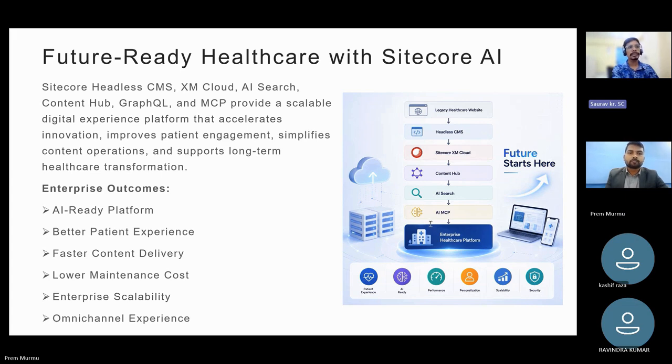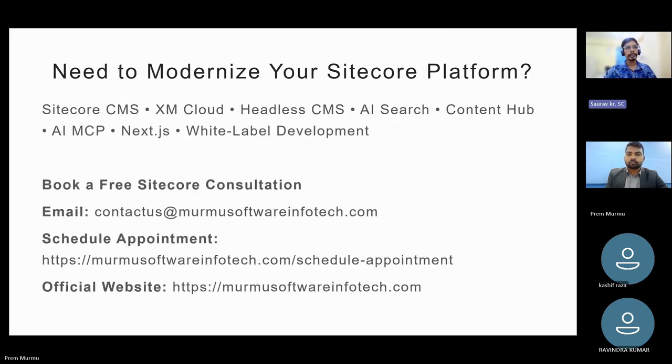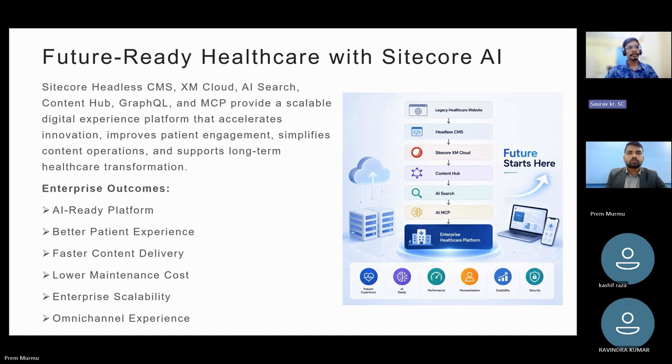Certainly, the biggest benefits include faster websites, better SEO performance, independent front-end development, reusable components, omnichannel content delivery, easier integrations, better scalability, cloud-native architecture, and AI-ready platforms. So for organizations planning long-term digital transformation, headless architecture and XM Cloud provide a strong foundation.